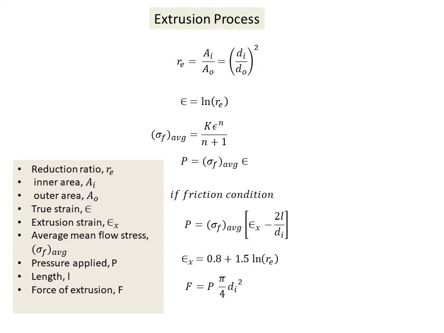So for the force we can have F is equal to P into pi by 4 into di square. So in the GATE examination the examples come in the form of calculate force required for extrusion process. So by these steps or using these formulas we can calculate extrusion force.